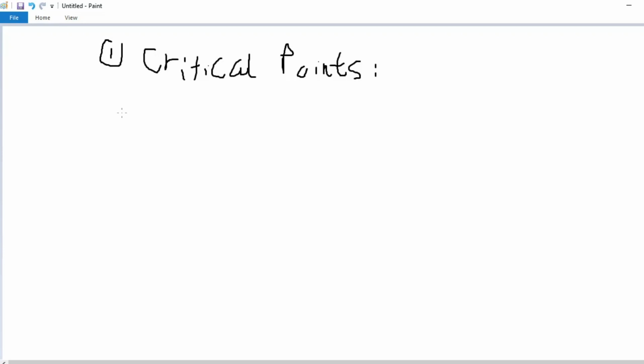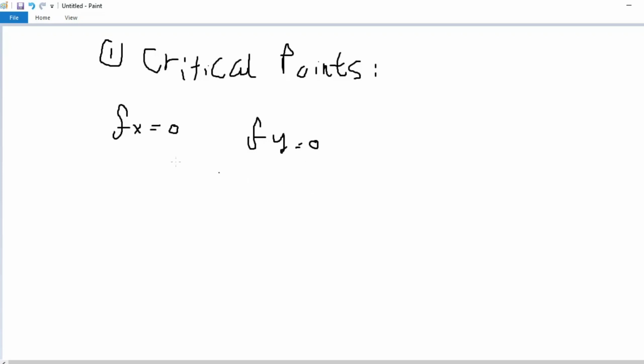You can find it if you find the partial derivative, for example, with respect to x and with respect to y, and set each one equal to 0. After you set it equal to 0, try to solve it. If you are able to solve it, you will get a point. These points will be called the critical points.